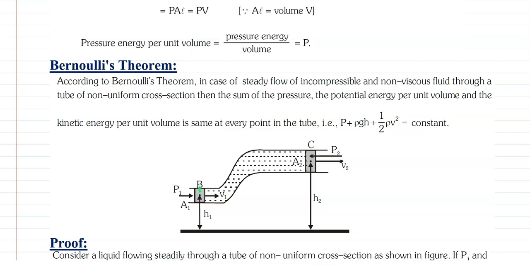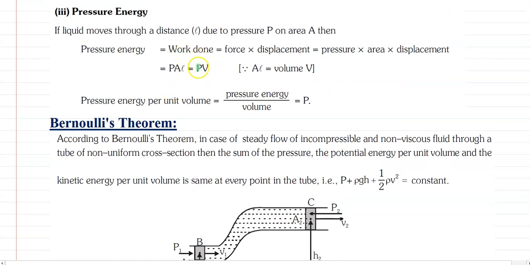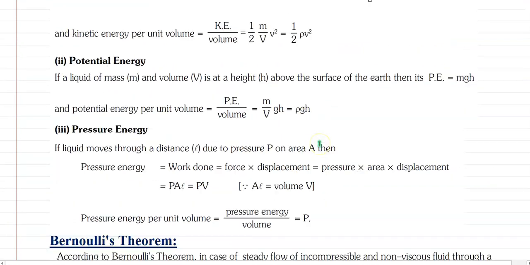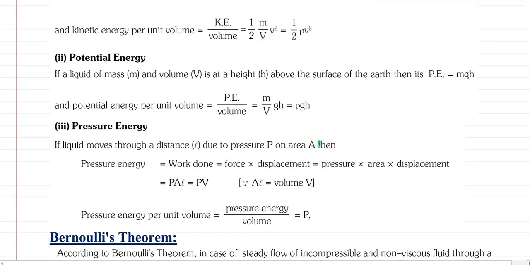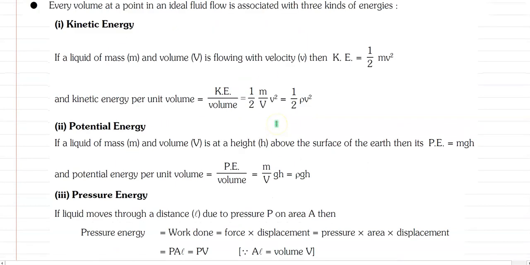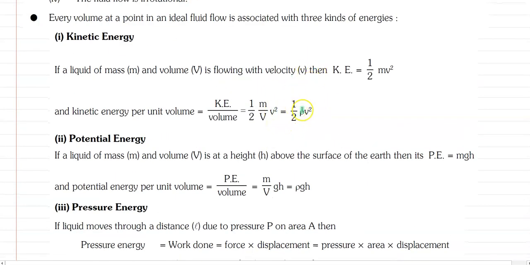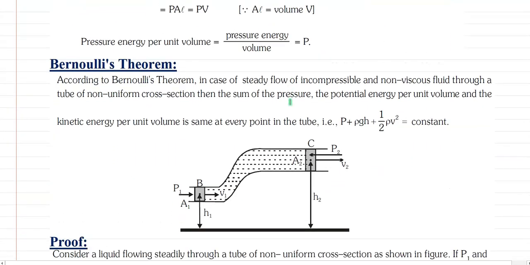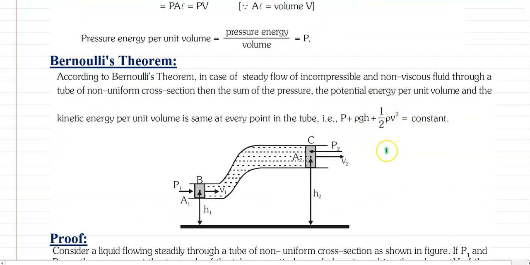Bernoulli's theorem states that all this energy per unit volume is constant for any incompressible irrotational fluid. Okay. Pressure energy per unit volume will be P, potential energy per unit volume will be rho gh, okay, m by v, and kinetic energy per unit volume is half rho v square. So the sum of these three energies is constant for any incompressible liquid.